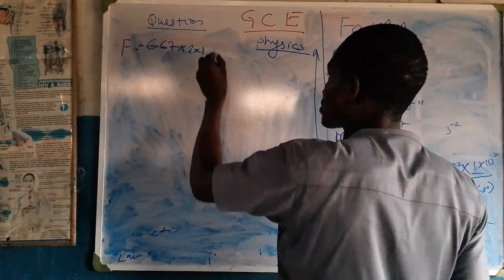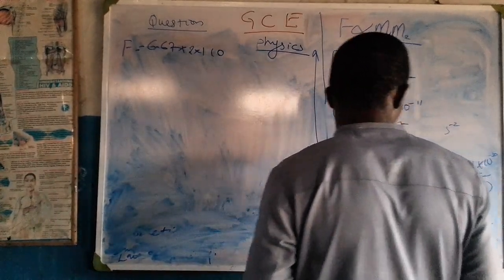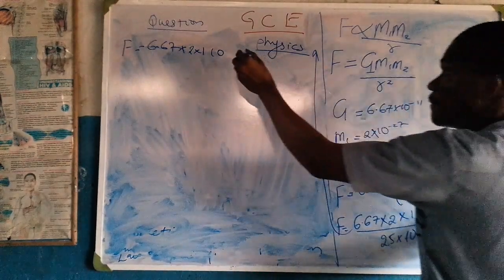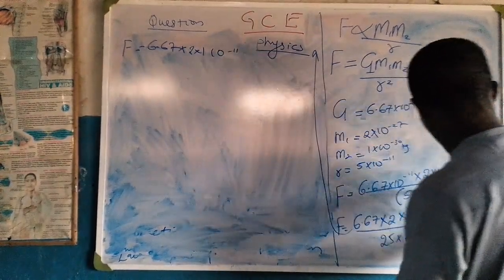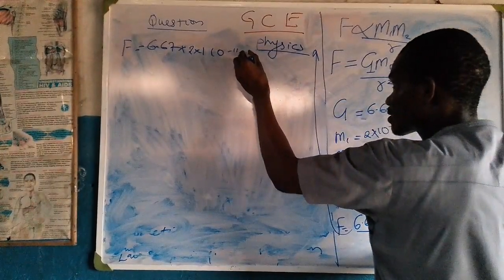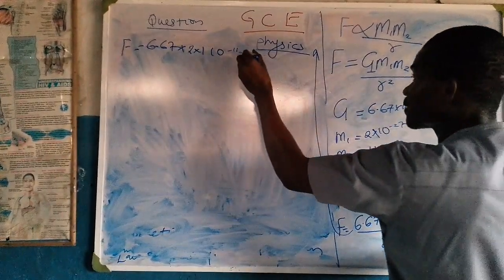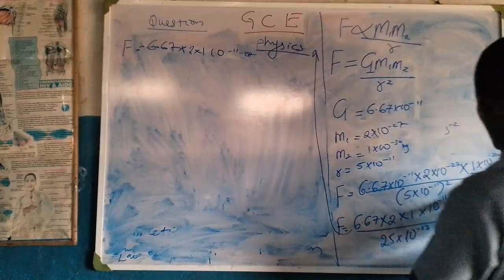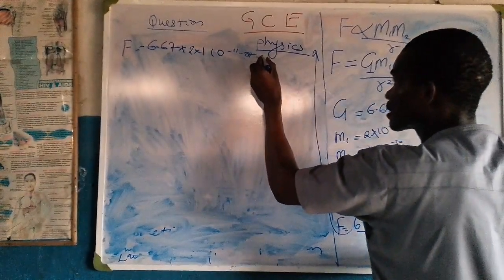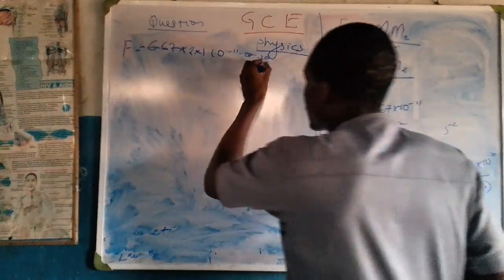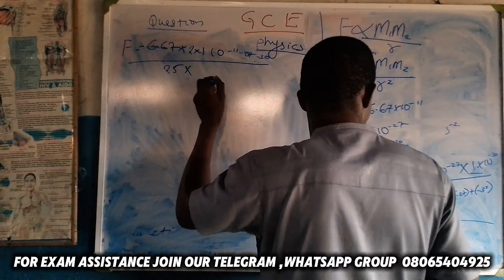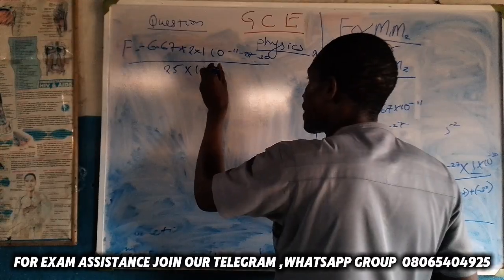Now bring it to the power: I'm going to have 10, with minus 11, plus minus 27, plus minus 30, all over 25 times 10 to the minus 22.